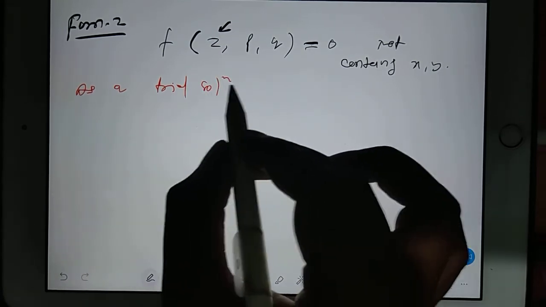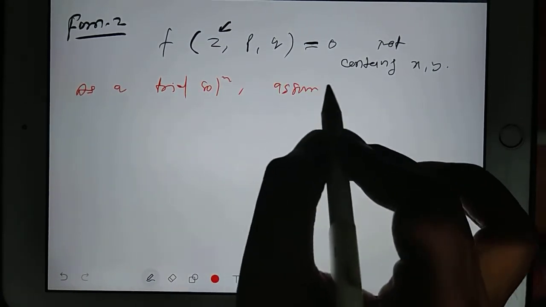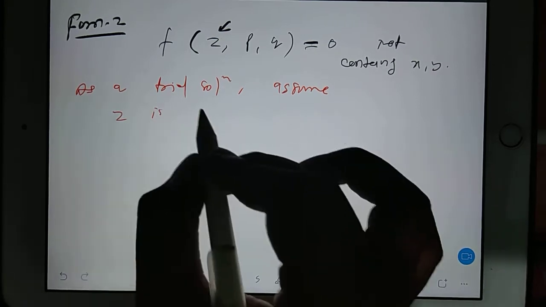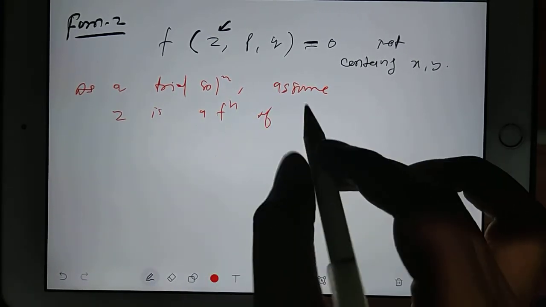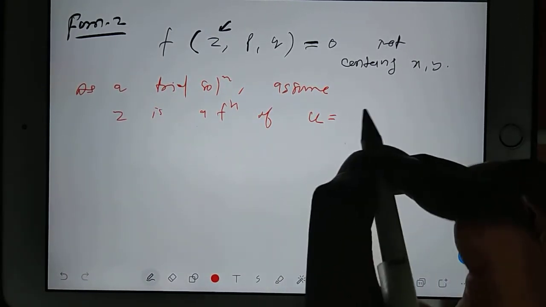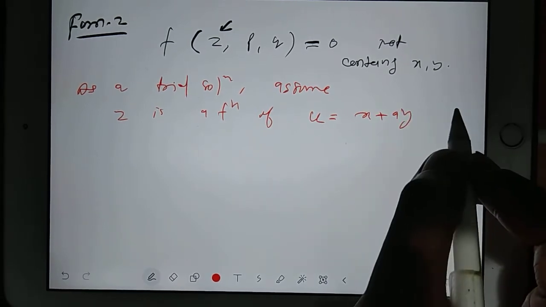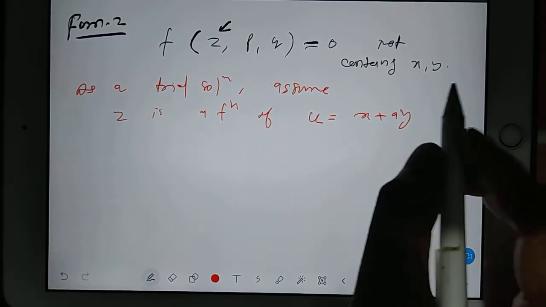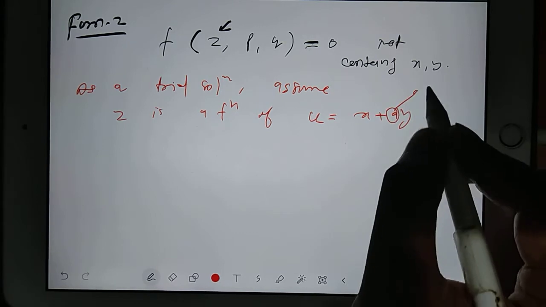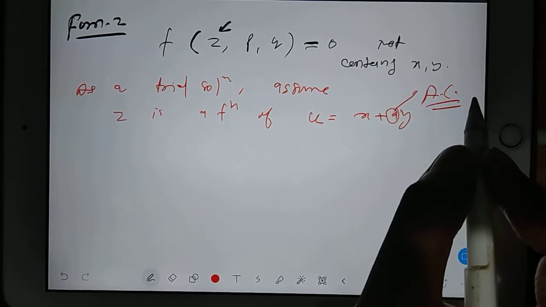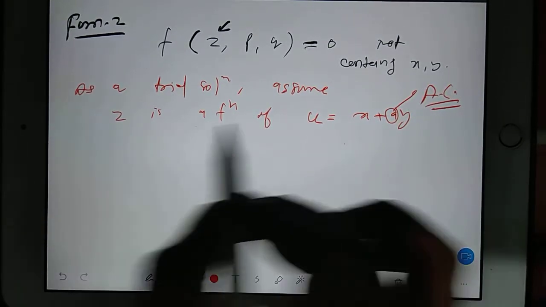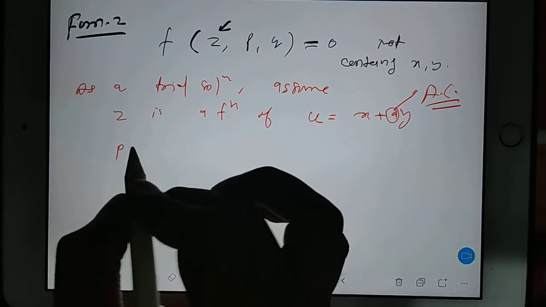We have to go with a trial solution. Assume your z is a function of u, and u is equal to x plus ay, and this a is an arbitrary constant. So from this I can find out my p value.